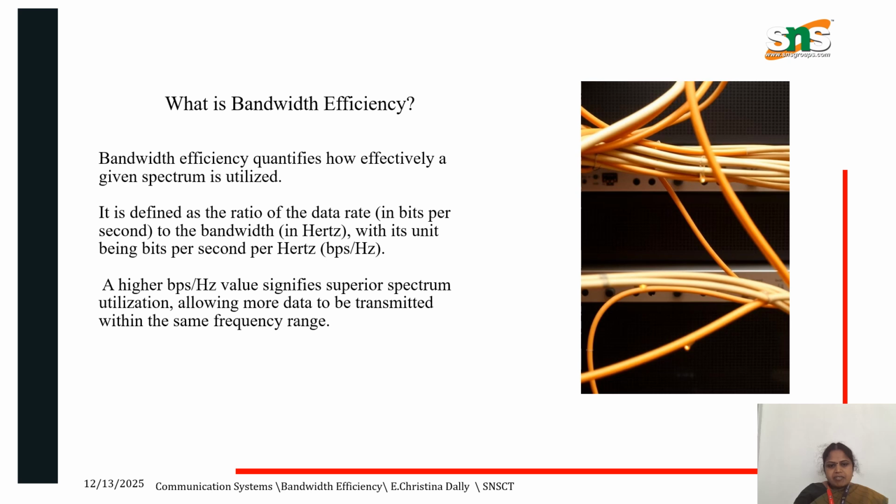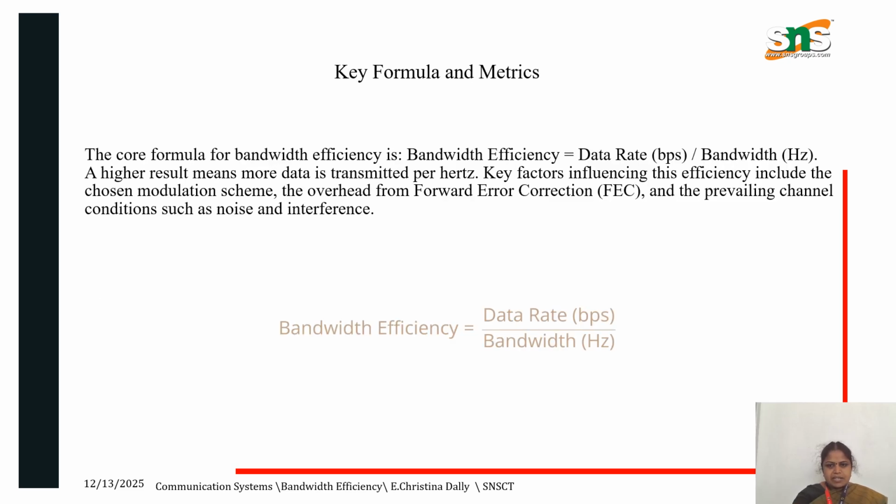If we want to signify how much of the allocated spectrum has been utilized, we have to see how much data has been transmitted within the frequency range. If we are allocating a limited frequency range, we have to check how the spectrum is being utilized. So we are using some formulas and metrics.